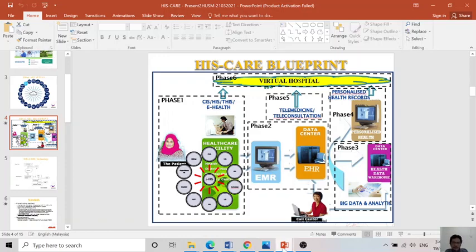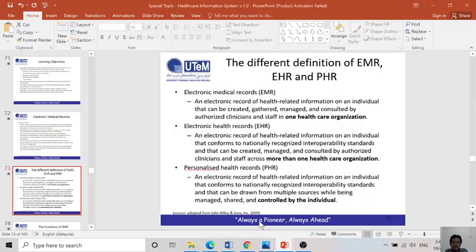Okay, when we talk about EHR, it is an electronic record of health related information on an individual that conforms to nationally recognized interoperability standards, and that can be created, managed, and consulted by authorized clinicians and staff across more than one healthcare organization.